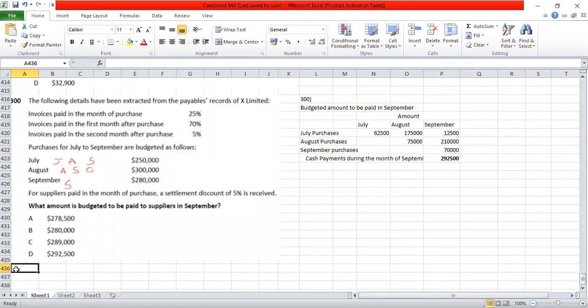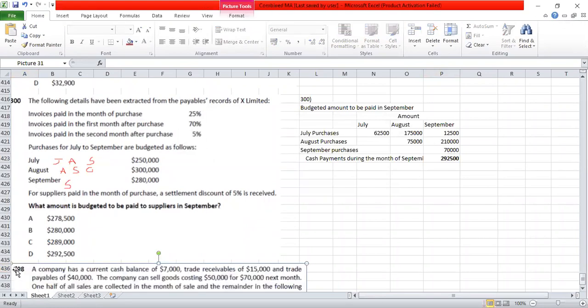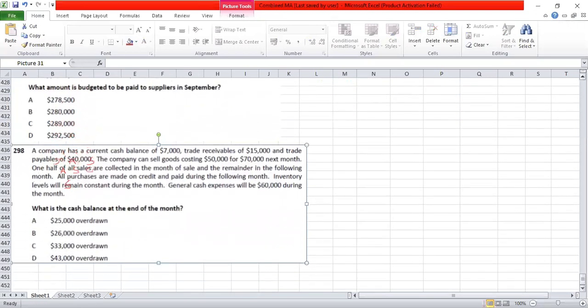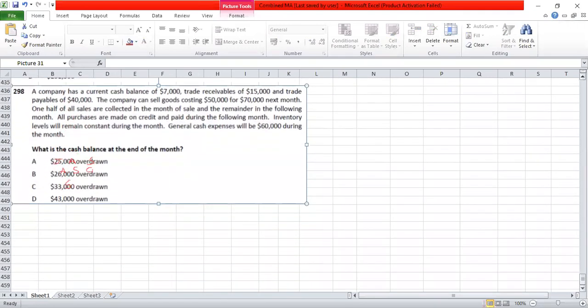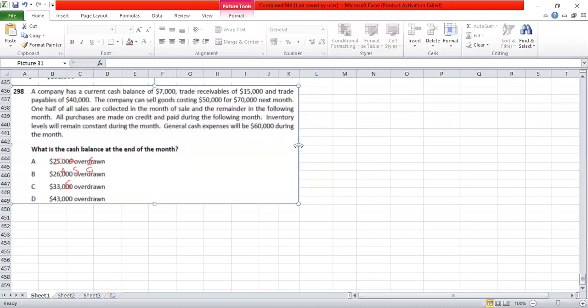Next, let's take up question number 298. A company has a current cash balance of 7,000, total receivables of 15,000, and trade payable of 40,000. The company can sell goods costing 50,000 and 70,000 next month.